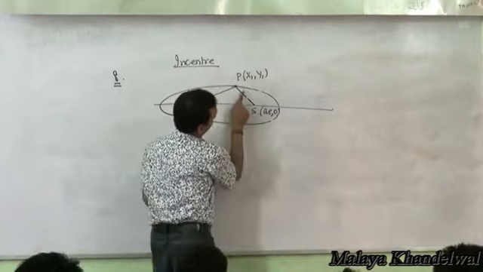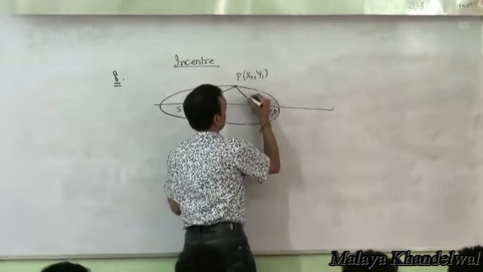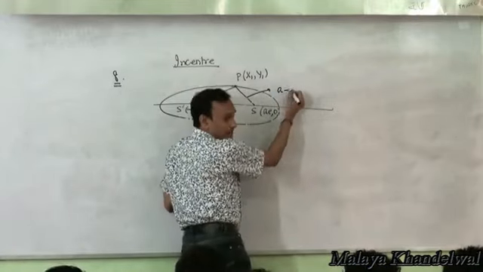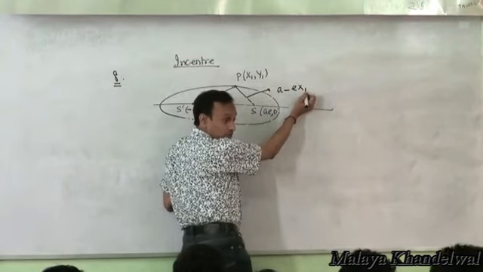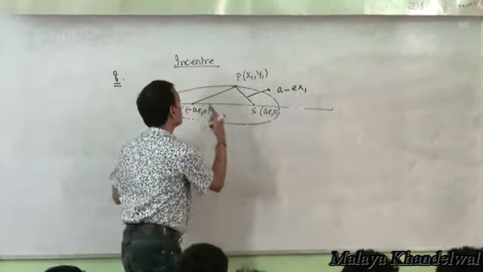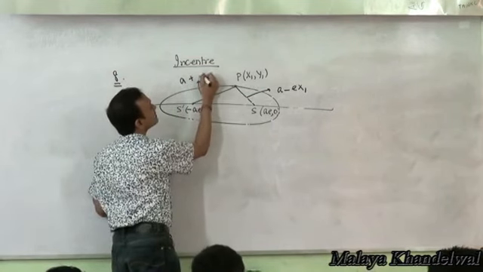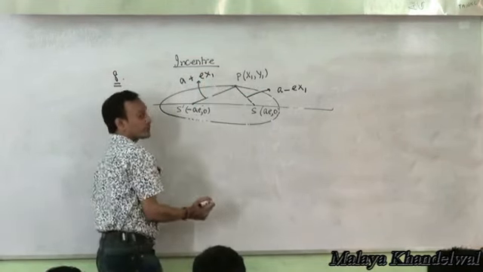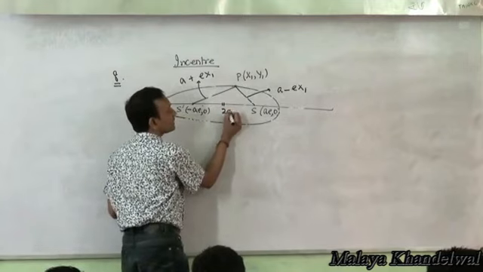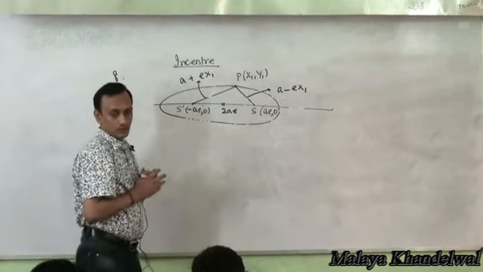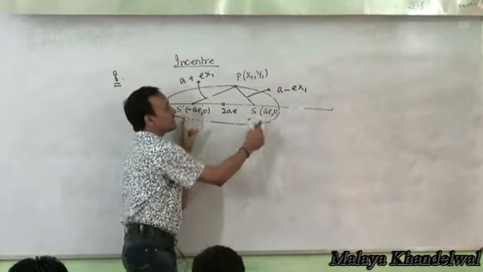Now, the distance of x1, y1 from this focus, we already know, is a minus ex1. And the distance of x1, y1 from this focus is a plus ex1, right? And this is 2ae.